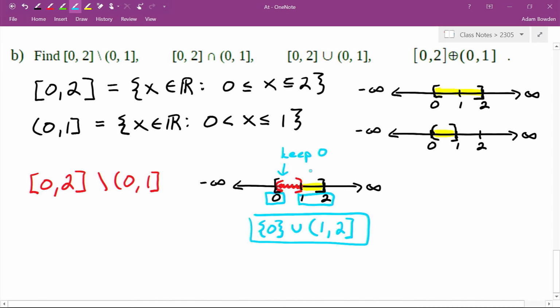So that inside interval, when it did the complement, it took away the interval from 0 to 1, but did not take away the 0 because of the parenthesis. Did take away the 1, however. So when I write the final interval from 1 to 2, I have to put a parenthesis at 1, but I can still close it up at 2.